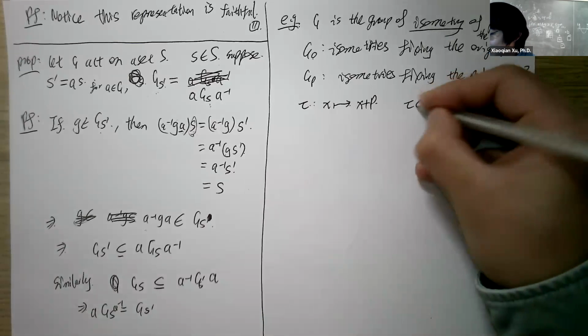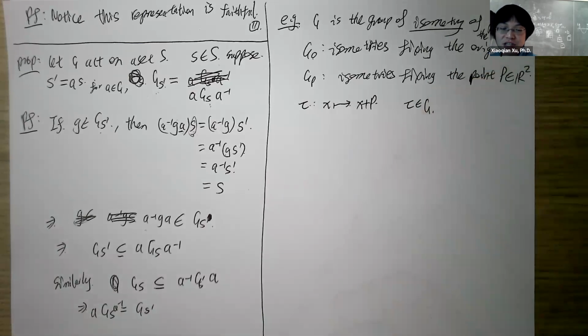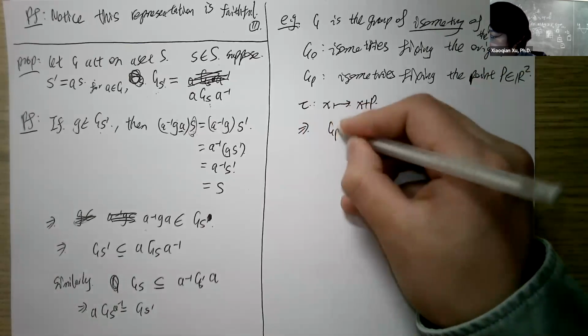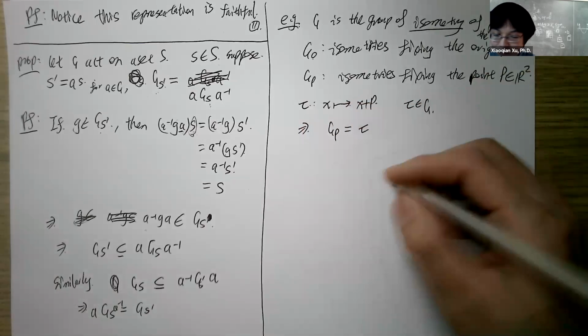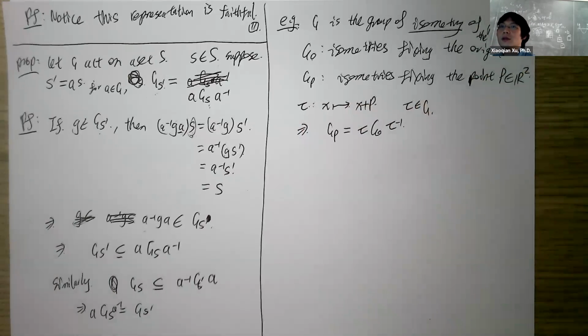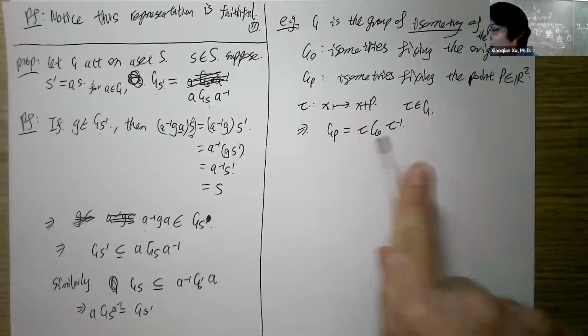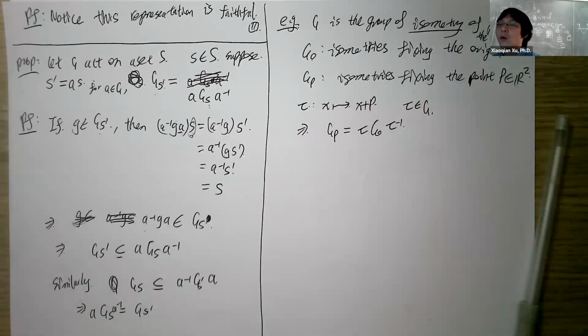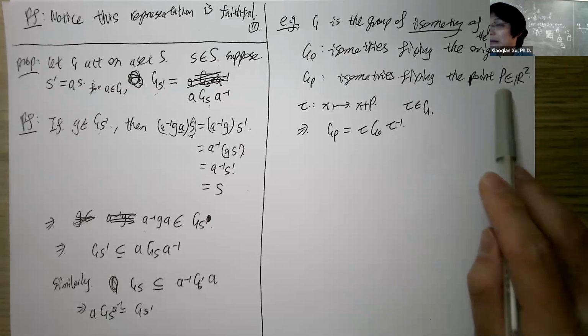Then tau is an element in G. Then what we do know is GP equals tau G0 tau inverse, which means all the isometries that fix the point P can be seen as conjugates of isometries that fix the origin.